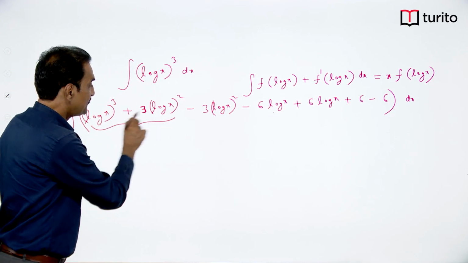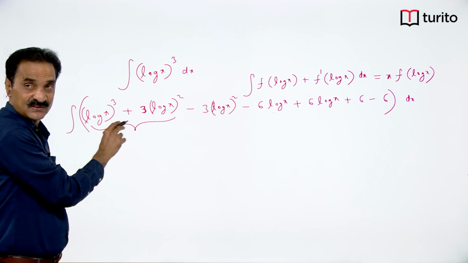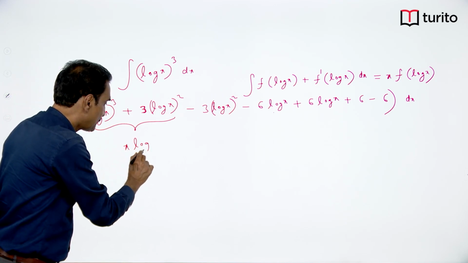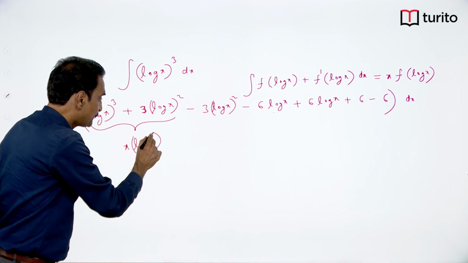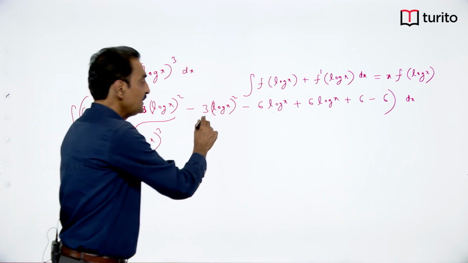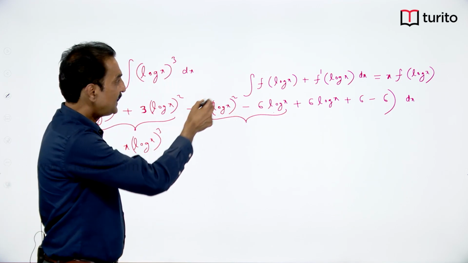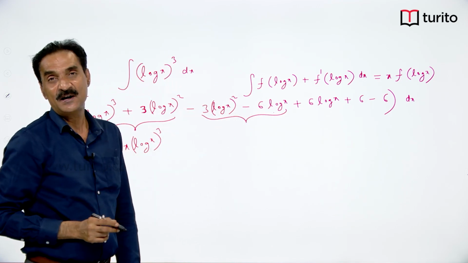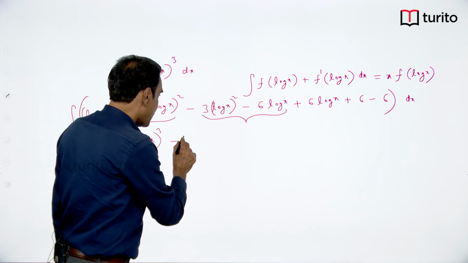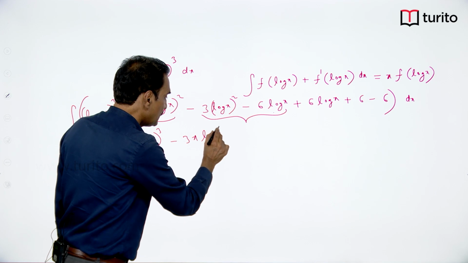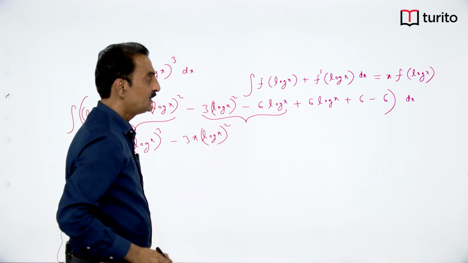Now, what is the integral of this plus this? By using that formula, x into (log x) whole cube. Again, integral of this plus this, by that formula, x into minus 3 (log x) whole square, that will be minus 3x (log x) whole square.